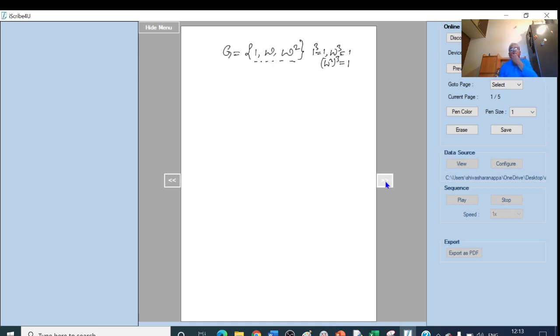We have to verify whether this set is a group or not with respect to multiplication. So for that, we write a table: 1, omega, omega square, and again 1, omega, omega square.